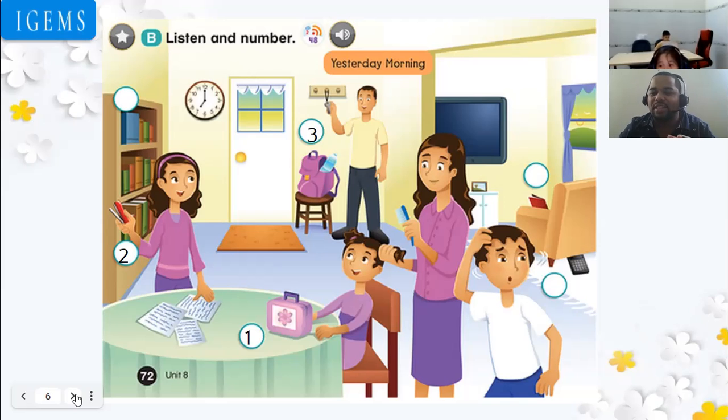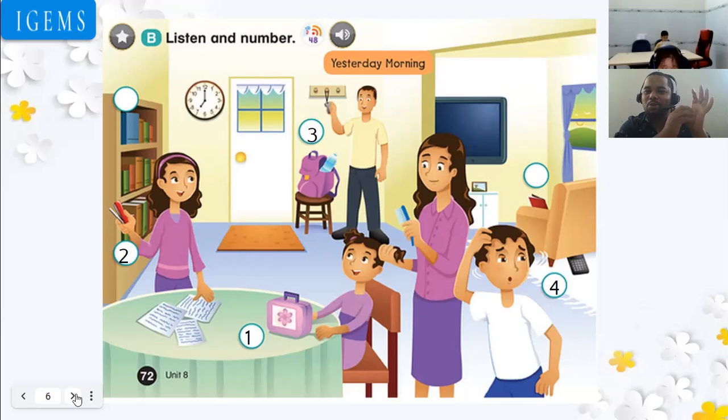The water is in a bottle, and this is a bottle of water. So now let's continue.